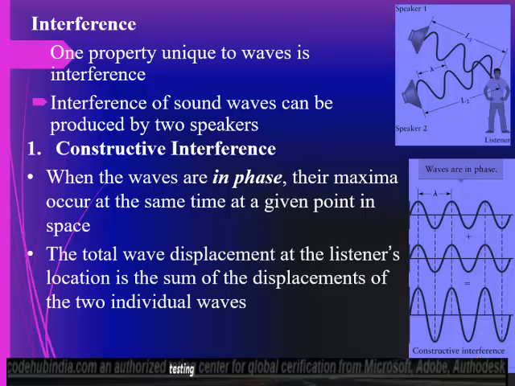The total wave displacement at the listener location is the sum of the displacements of the waves, this amplitude plus this amplitude. So if two waves are in phase, the sum of their displacements is clear.